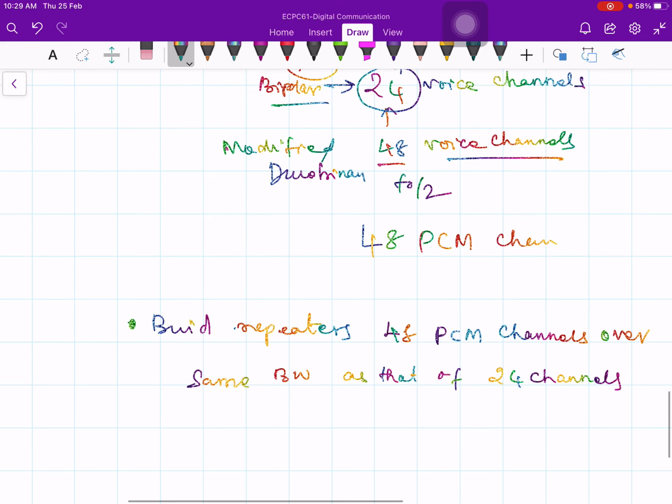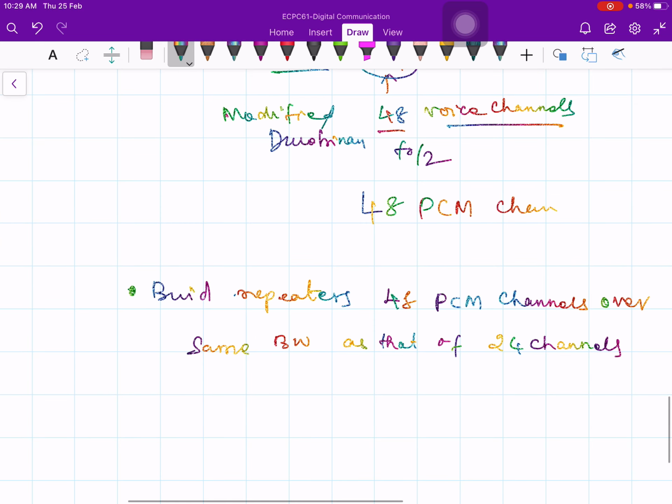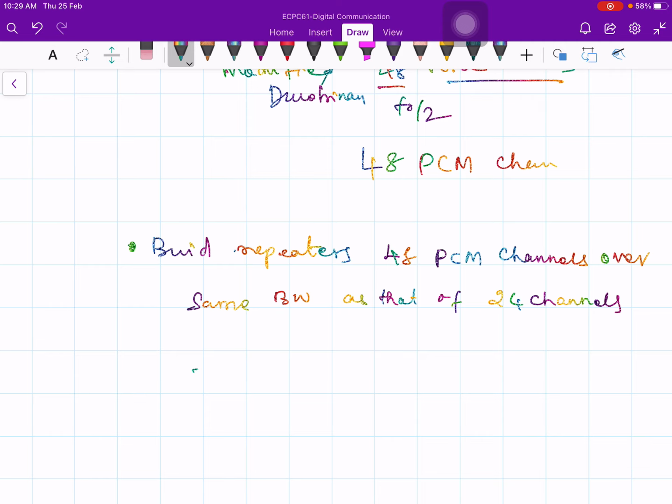So that is a major achievement of Lender, who gave this modified duobinary signaling scheme. That shows the significance of the choice of proper line coding schemes. If you choose proper line coding schemes, you can do a wonderful thing. Here one has doubled the bandwidth efficiency, right? There is a doubling of bandwidth efficiency, which is very, very significant.